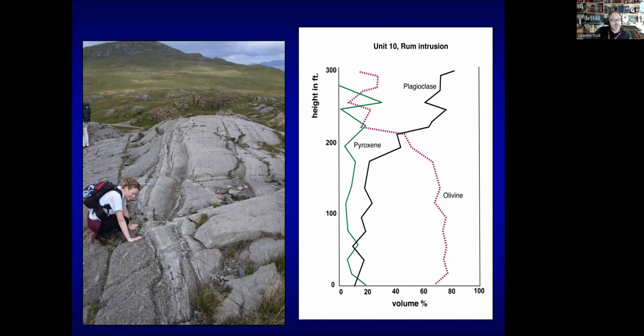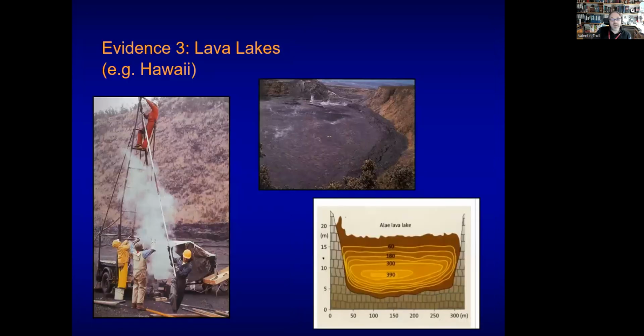So the dense early crystallized materials would settle out and segregate at the bottom, making an olivine-rich cumulate that eventually grades into a plagioclase-rich cumulate. The height of this unit is about 300 feet, that's about 100 meters.